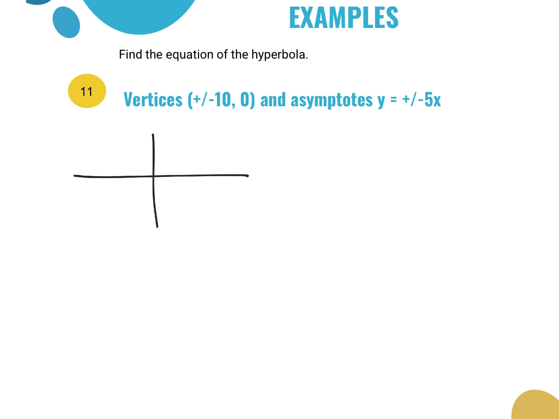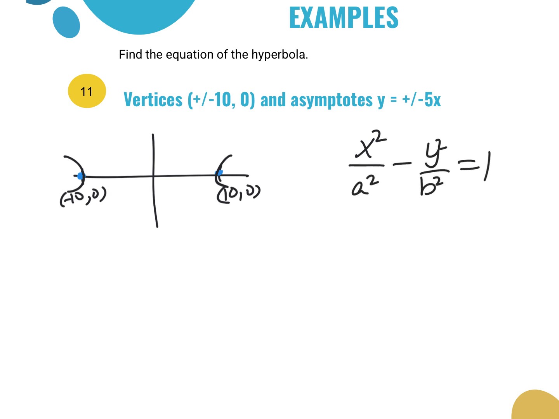I've got vertices at -10, +10. So here is my vertex. And again, you can see that the vertices are along that x-axis. So the equation I'm going to be filling in is x squared over a squared minus y squared over b squared equals 1.